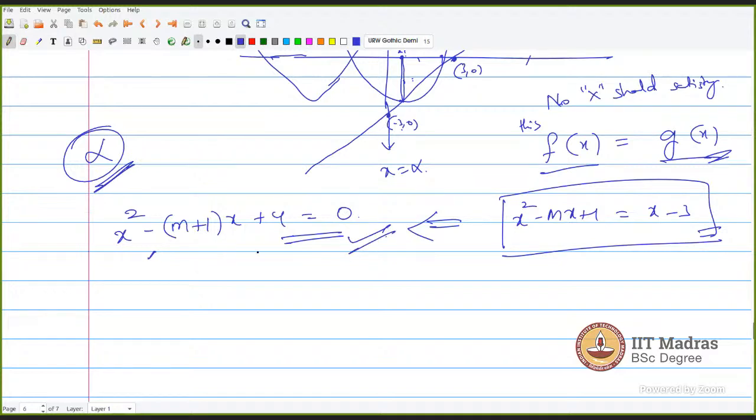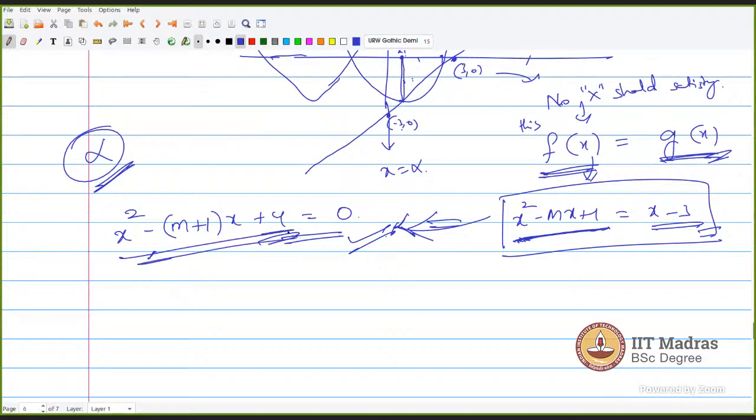If I don't have roots for this quadratic equation, that means I don't have any x value for which x square minus mx plus 1 will be equal to x minus 3. So there will be no x such that f of x is equal to g of x, which tells me that these two curves will not intersect at all. So this is how we link the things. This is how the data is interlinked to the roots of this quadratic equation.